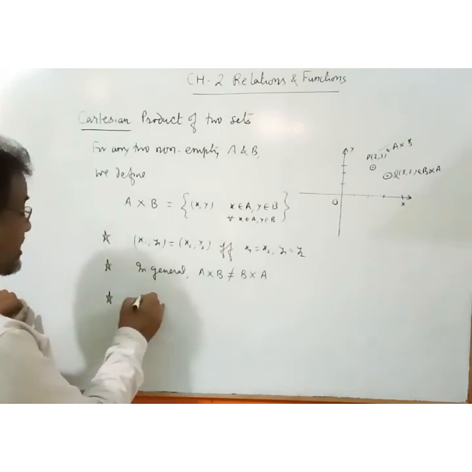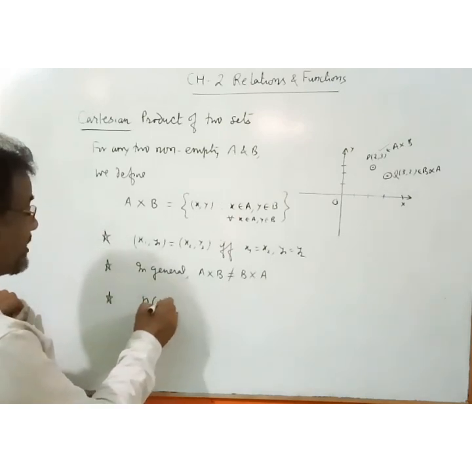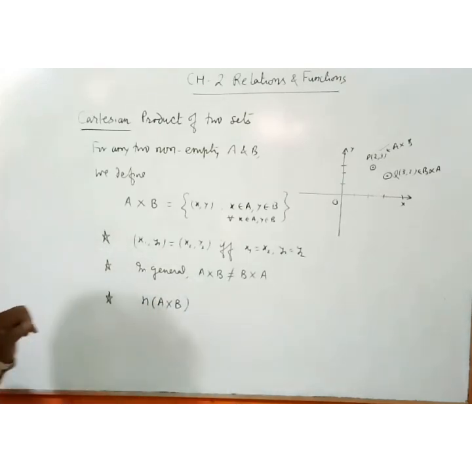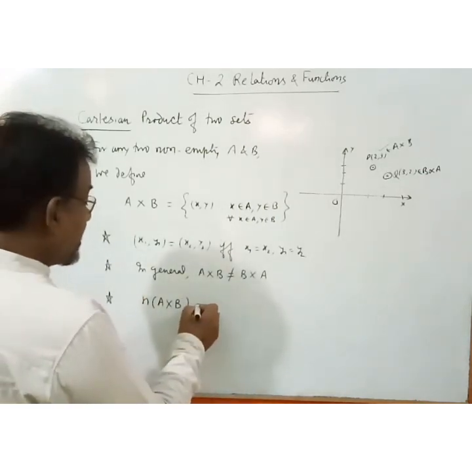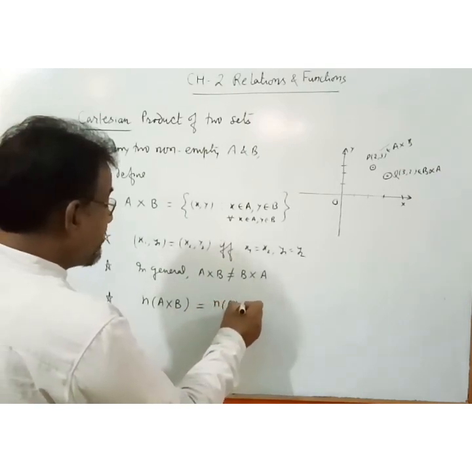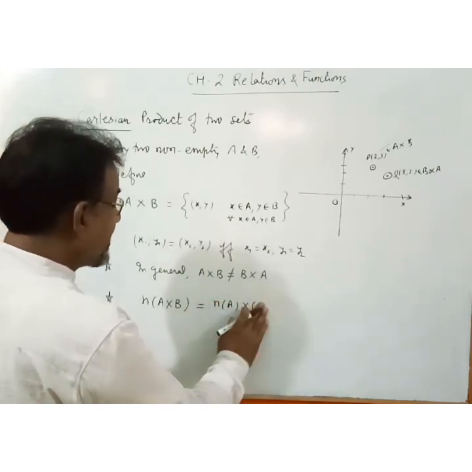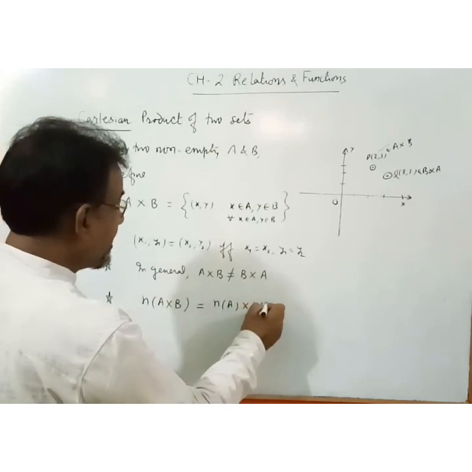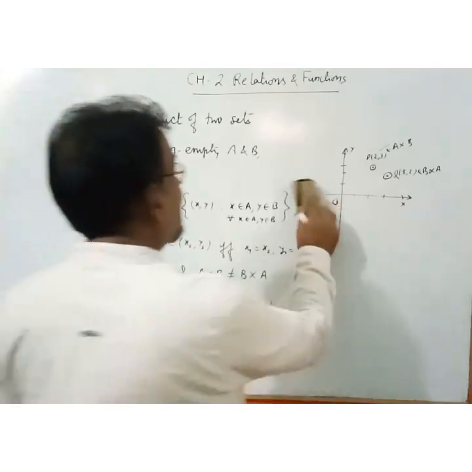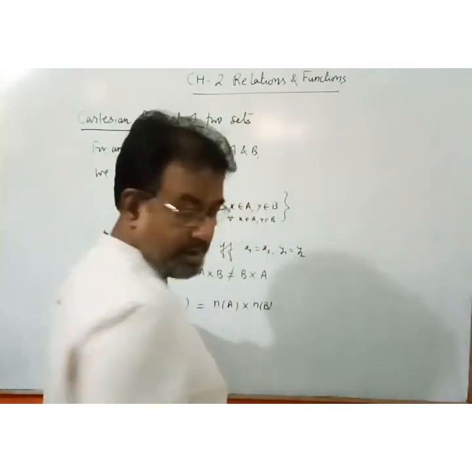Next, the number of elements in A cross B. How many elements will be there in A cross B? That will be equal to the number of elements in A multiplied by the number of elements in B. Let us verify this with an example.